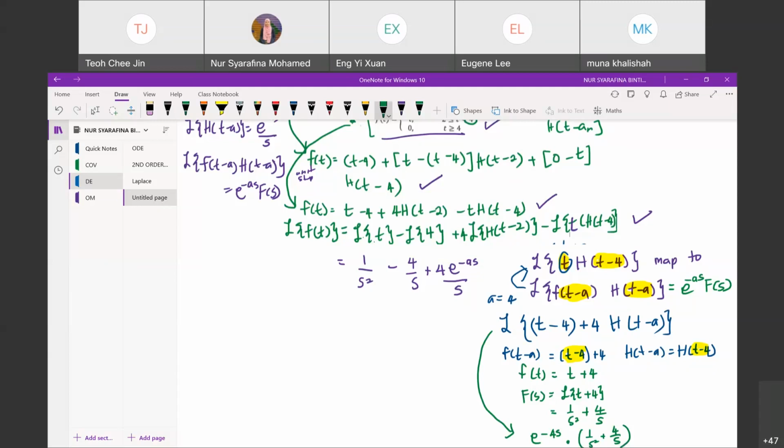So overall transformation for here will become plus with another thing here. Okay, clear?